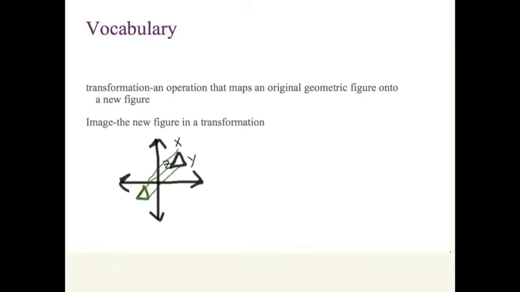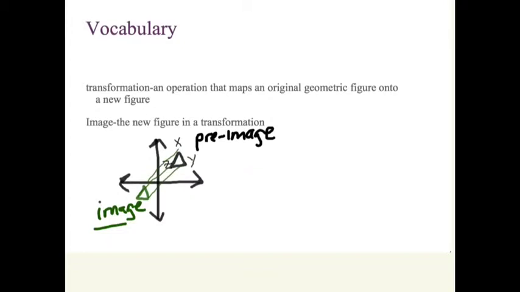If I were to take each of the points X, Y, and Z and move them across and over the XY axis, I could get a new image. That is called the image of the original geometric figure. In green we have the image, and in black, some textbooks refer to that as the pre-image.